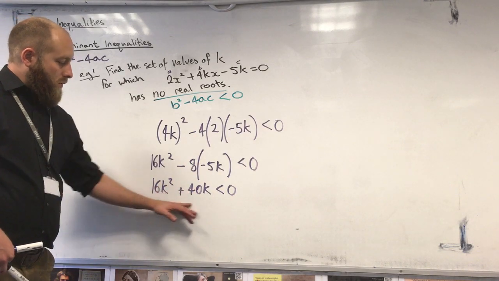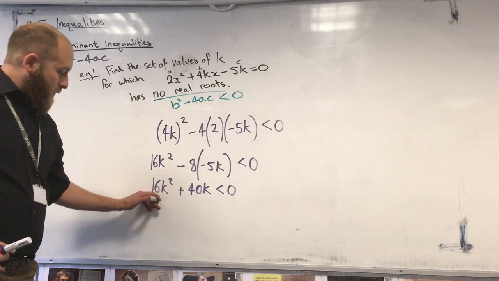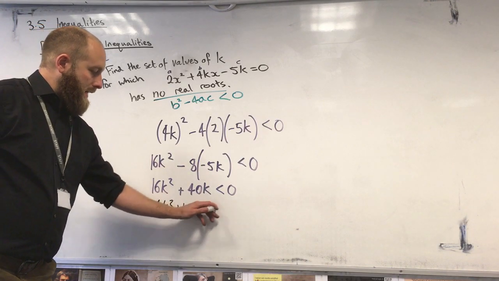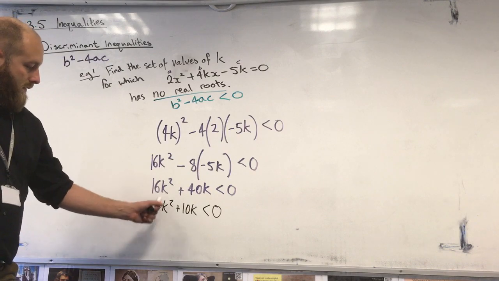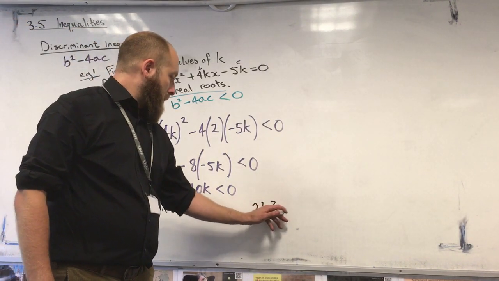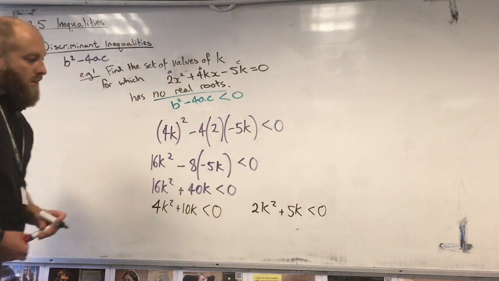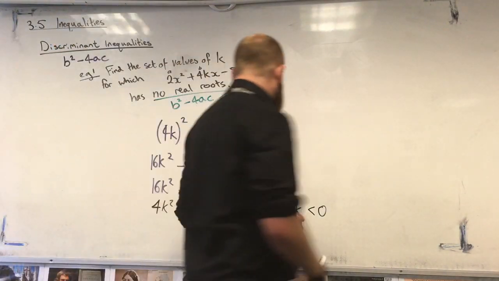So I'm going to divide all of this by 4 to start with, leaving us with 4k squared plus 10k is less than 0. I can go one further and divide all of this by 2. So 2k squared plus 5k is less than 0. And now I'm going to factorise by taking out a factor of k.